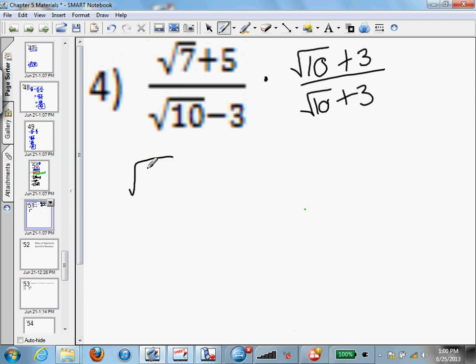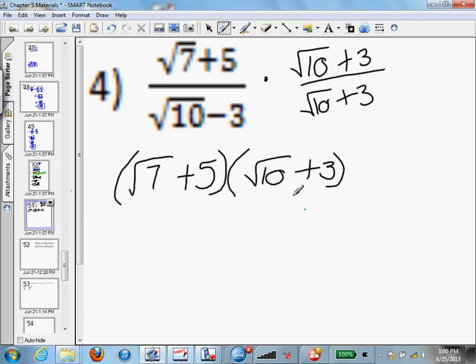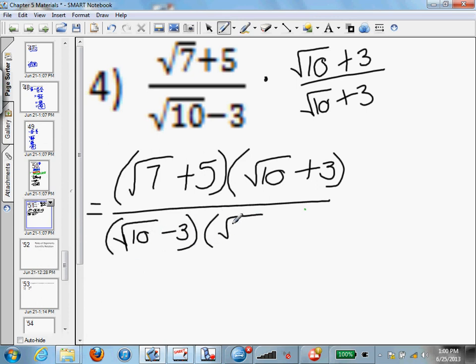Okay, so let's start off. We have square root of 7 plus 5, and it's going to be multiplied by the term square root of 10 plus 3, over square root of 10 minus 3 over square root of 10 plus 3.